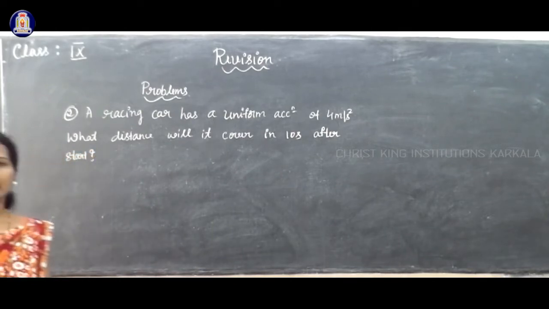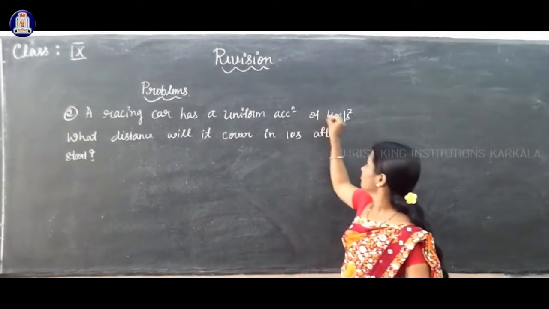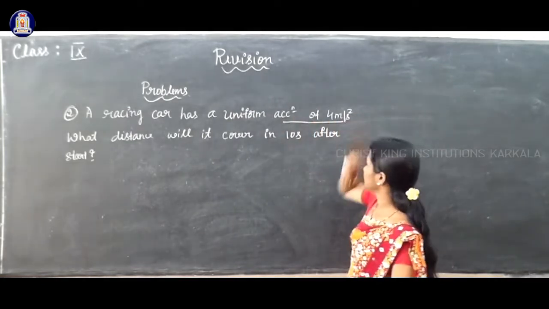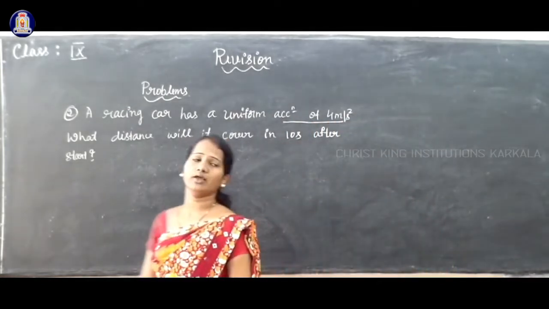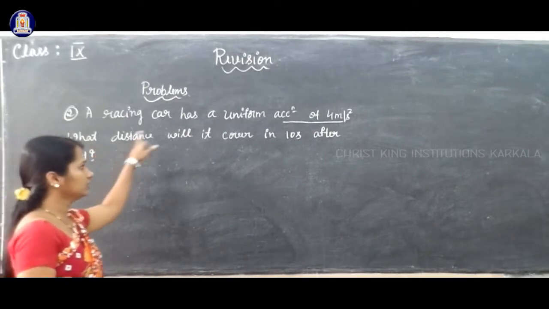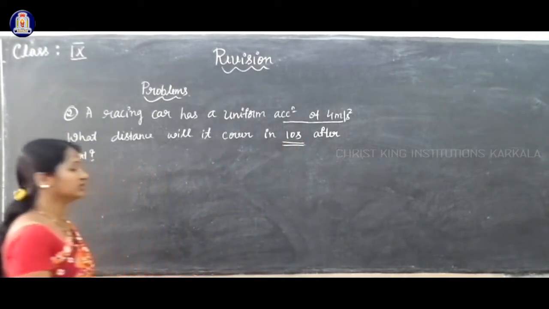A racing car has uniform acceleration of 4 meter per second square. Acceleration is given, and we are going to calculate what distance it will cover in 10 seconds after the start.